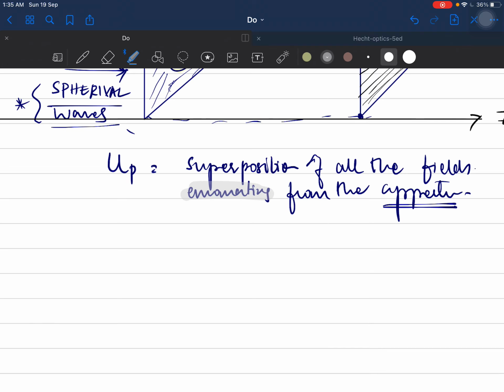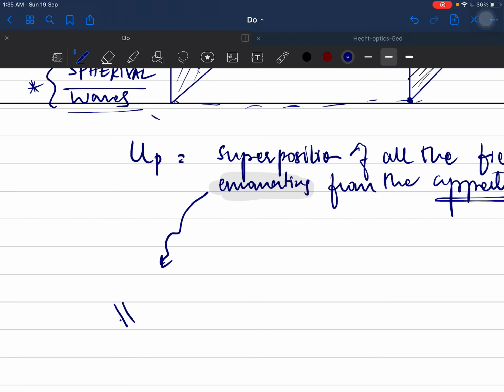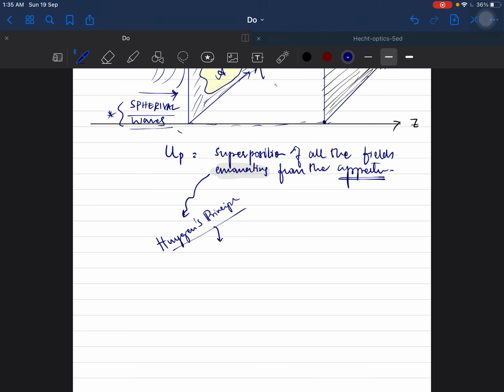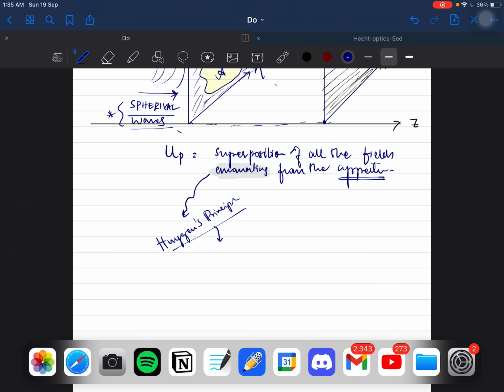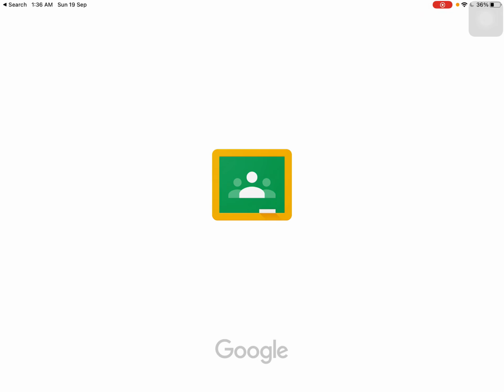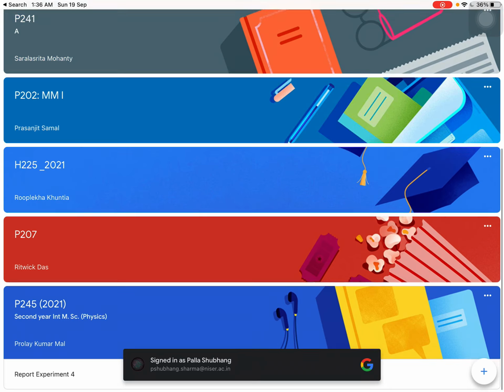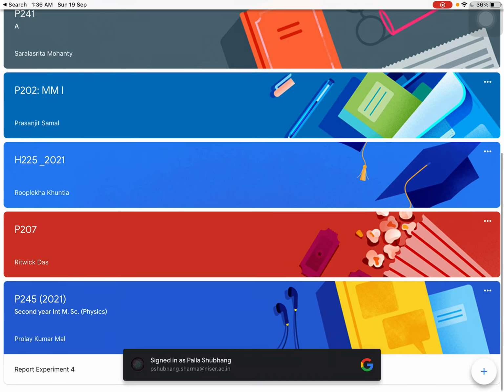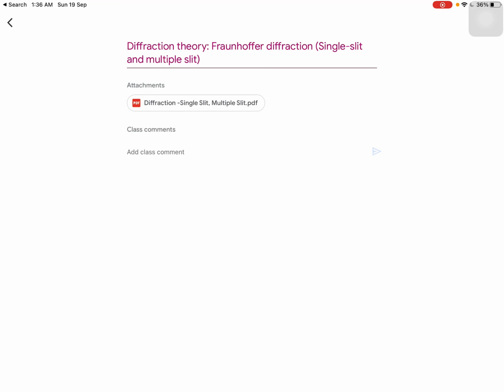This word emanating comes with significance from the Huygens principle.